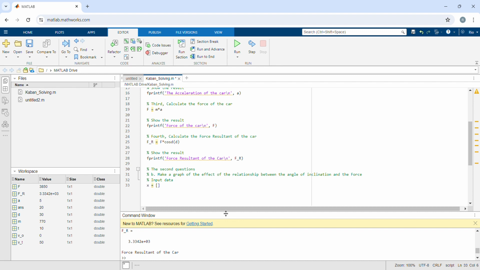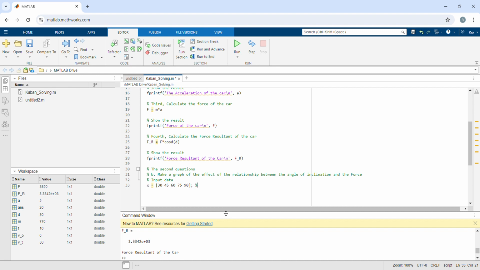So let's say we input 30, 45, 60, 75, and 90 for the degrees of angle of inclination.